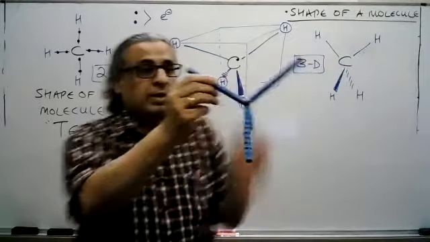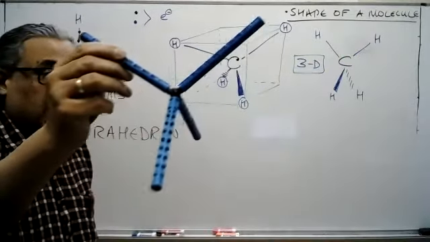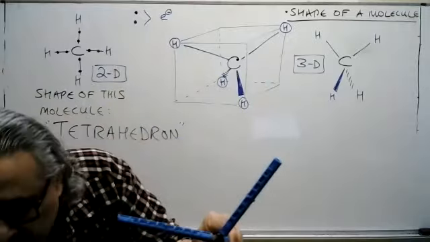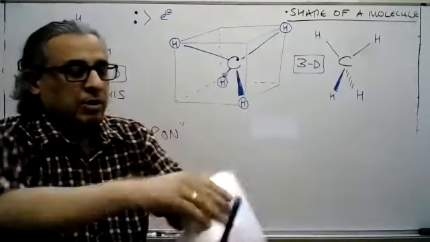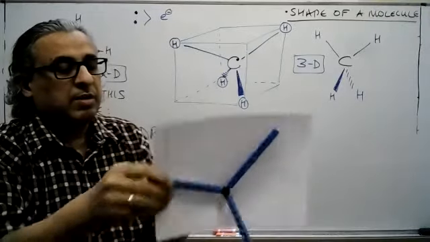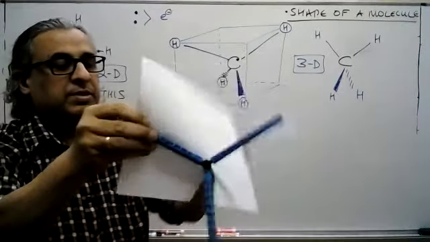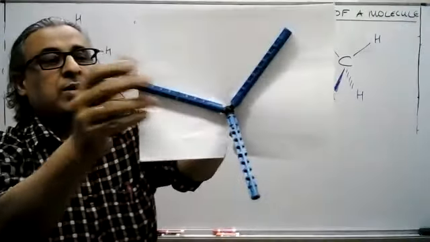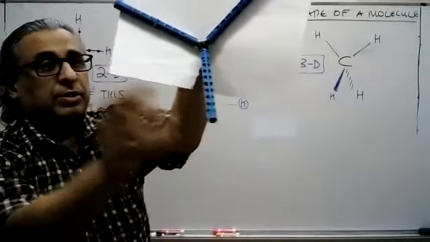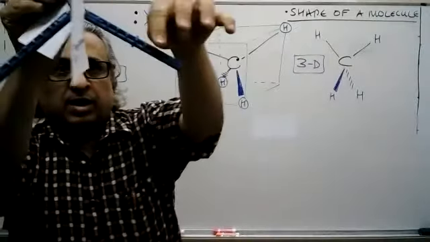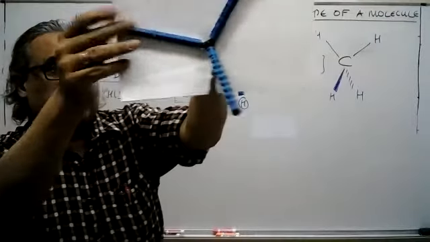The two top bonds are on the whiteboard. This is my best whiteboard representation. These two are on the whiteboard. This is the wedge coming toward you, and that's the dashed line going away from you.